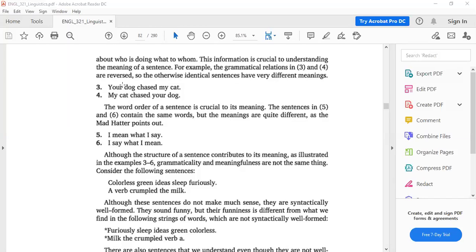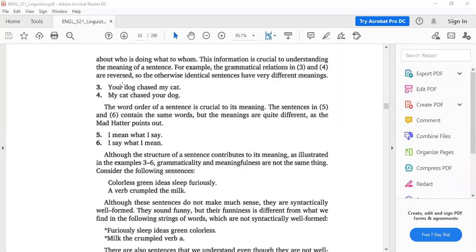So the meaning of 3 is different from the meaning of 4. Why? Because at the lexical level, we have your in 3 and 4, dog in 3 and 4, chased in 3 and 4, my cat in 3 and 4. So at the lexical level, sentences 3 and 4 have identical words.